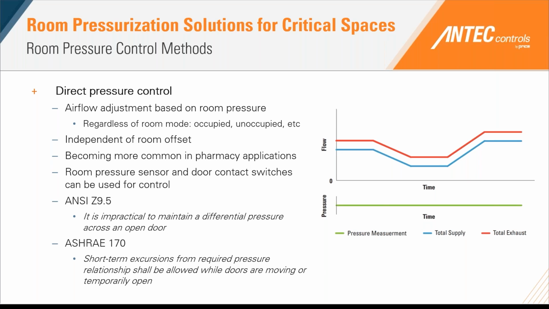We're taking live readings of the room pressurization and controlling our air valves, on both the supply and exhaust side, to maintain that constant set point. In these applications, your actual room offset may fluctuate over time, but the goal is that your pressure set point is maintained at a fixed constant over time.